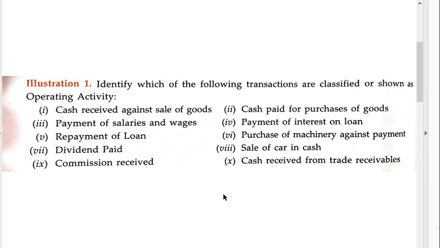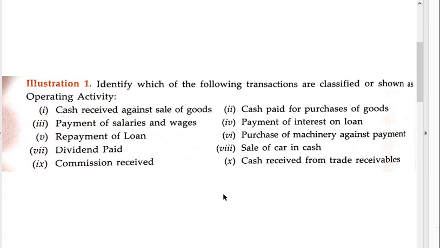Clear, friends? So I hope you are clear with what is an operating activity, which activities will fall in operating activities and which will not. Just remember one simple thing: the activities which are directly related to the routine operations of the business that lead to cash inflow or cash outflow are the operating activities, right?